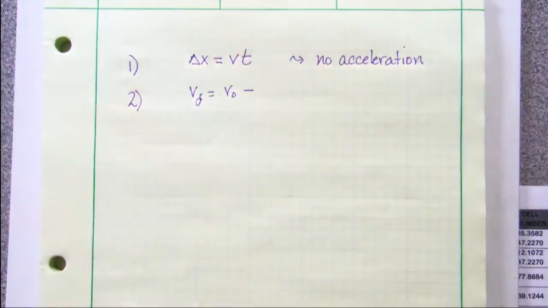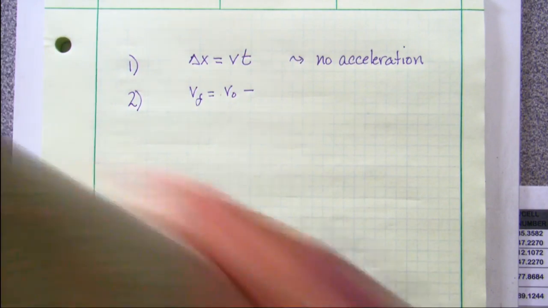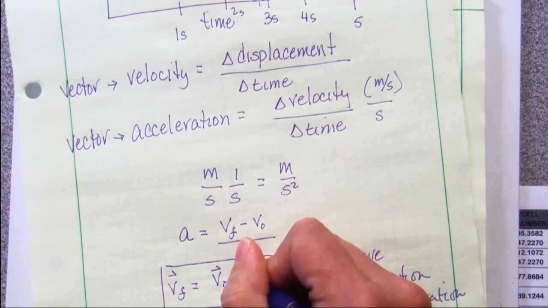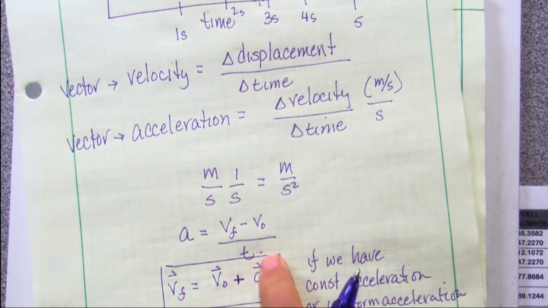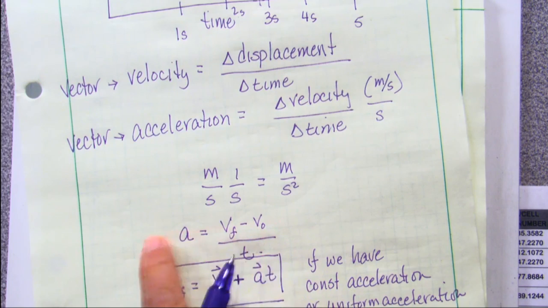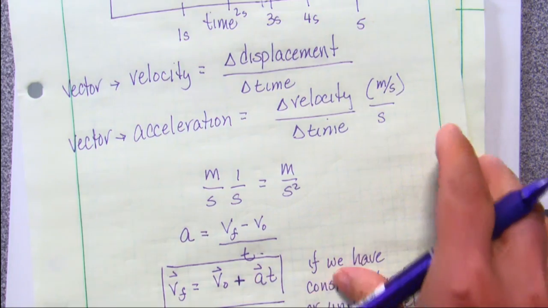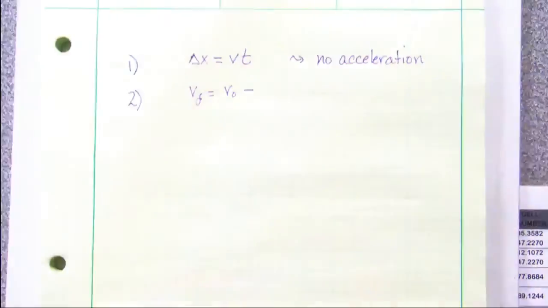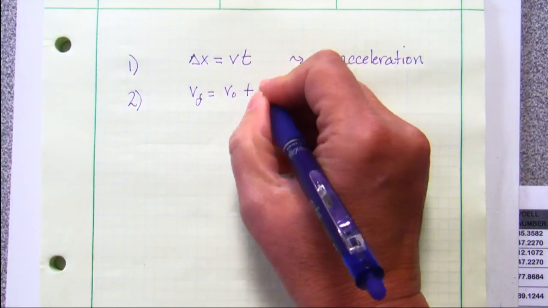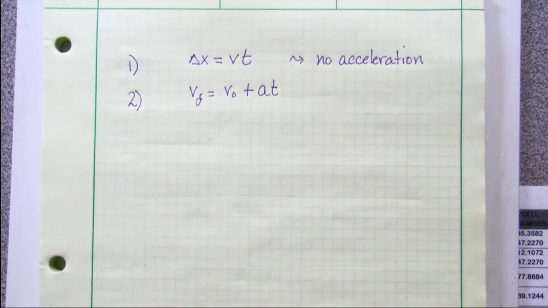That should be a plus, folks, because the a goes over here, we move this to the other side, so that should be a plus sign. So we get this plus acceleration times time. Okay?